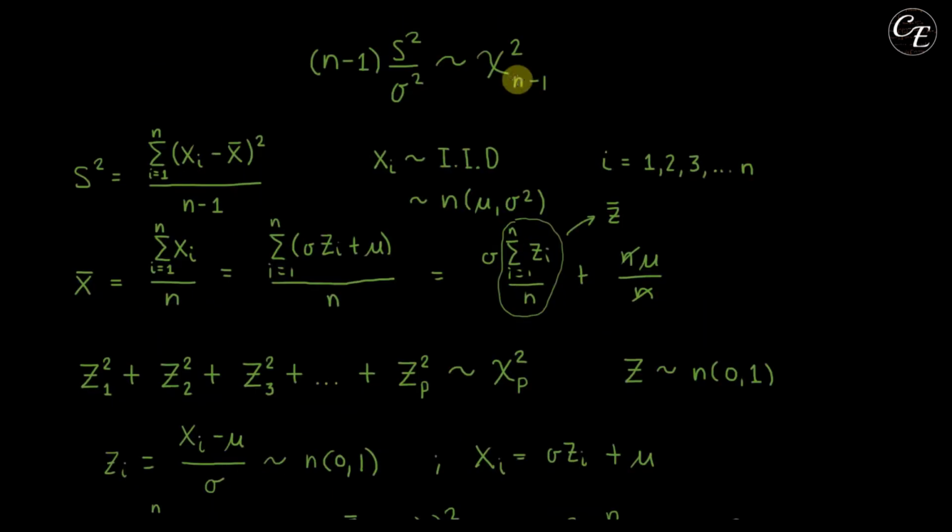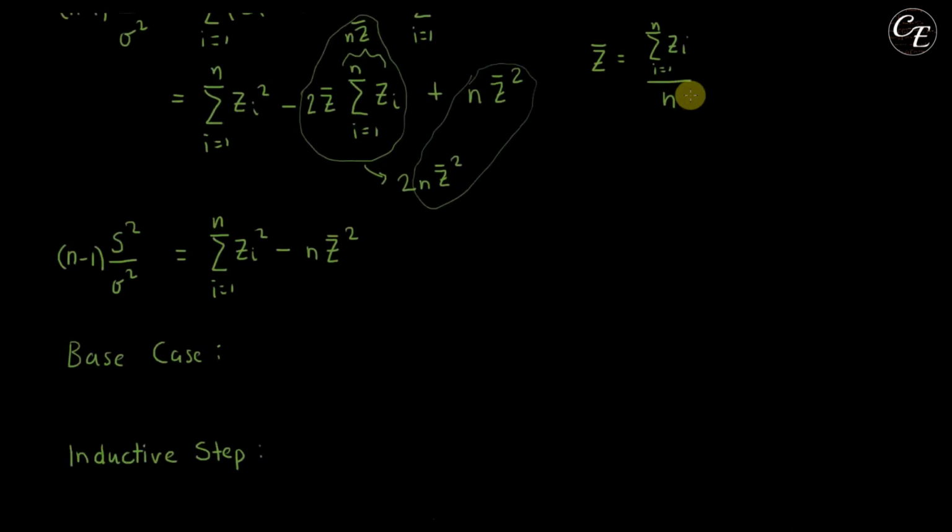The number of degrees of freedom for a chi-square distribution should be at least 1. So n minus 1 should be greater than or equal to 1, or n is greater than or equal to 1 plus 1, which is 2. So this is the minimum value for n. In here, we'll use a base case where n equals 2.